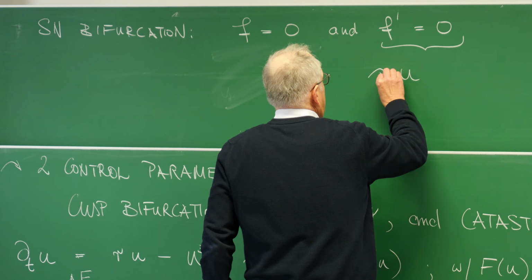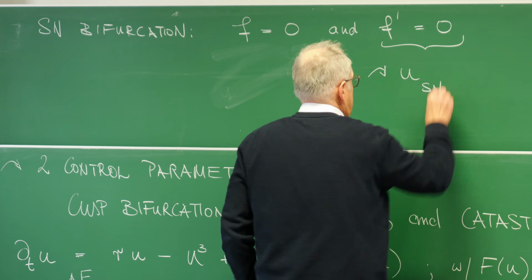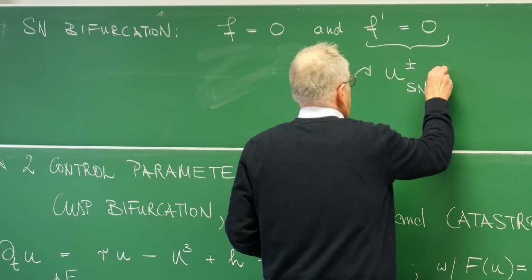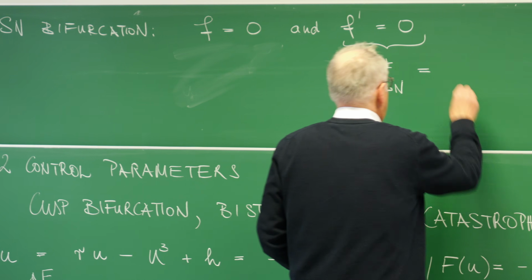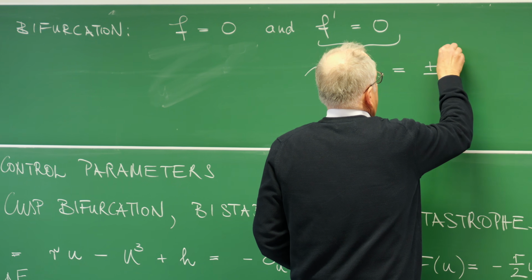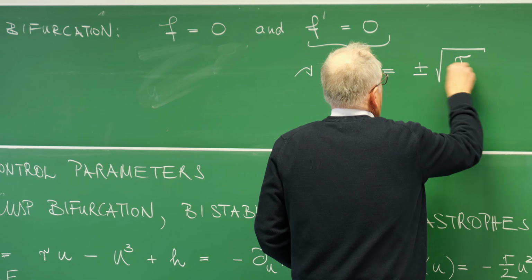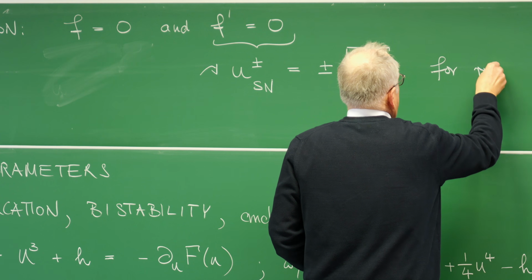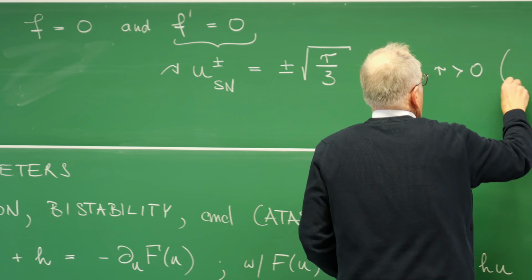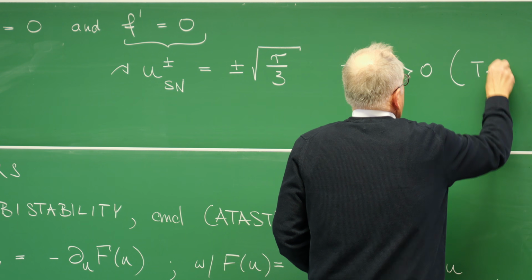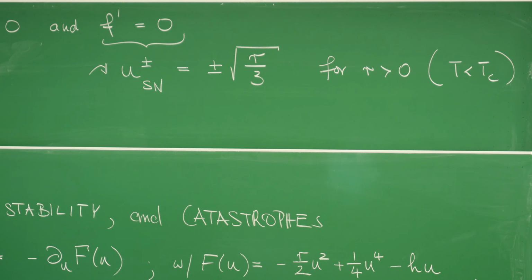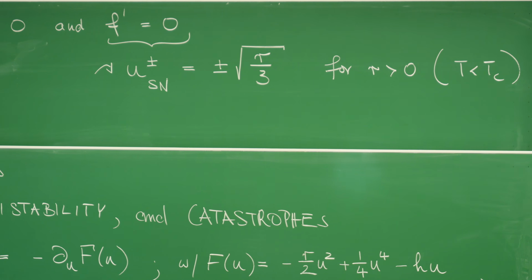So from that, you get u saddle node plus or minus equal to plus or minus square root of r over 3. And of course, this now refers to r greater than 0. And in the language of a ferromagnet, this is below the critical temperature.